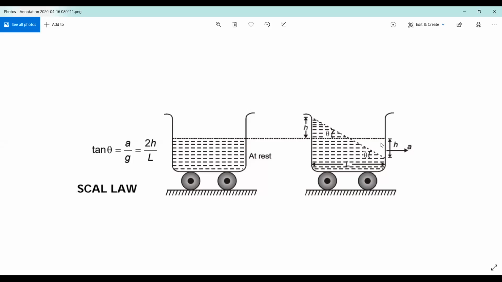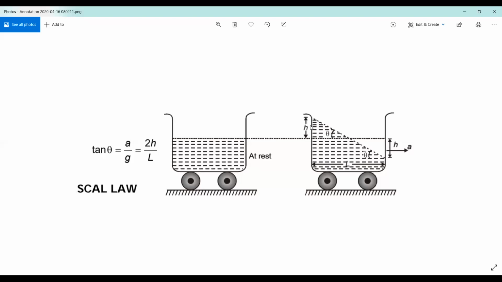In another way, the liquid level is falling at this position, so it is consequently increasing the liquid level at the other position. Initially the liquid level was h on this side too, but now an additional h level of liquid is there.